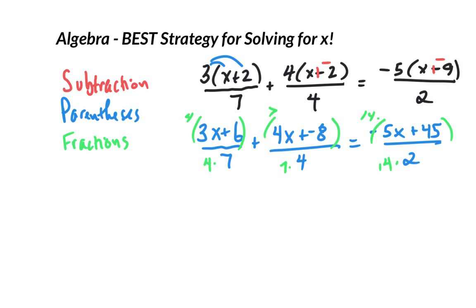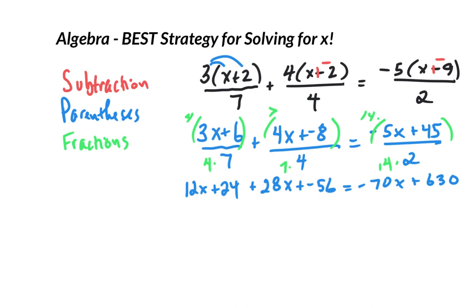So 4 times 3x plus 6 becomes 12x plus 24. 7 times 4x plus negative 8 becomes 28x plus negative 56. And then 14x plus 45 becomes negative 70x plus 630. I used my calculator. Now, all of this, everything, is divided by 28.